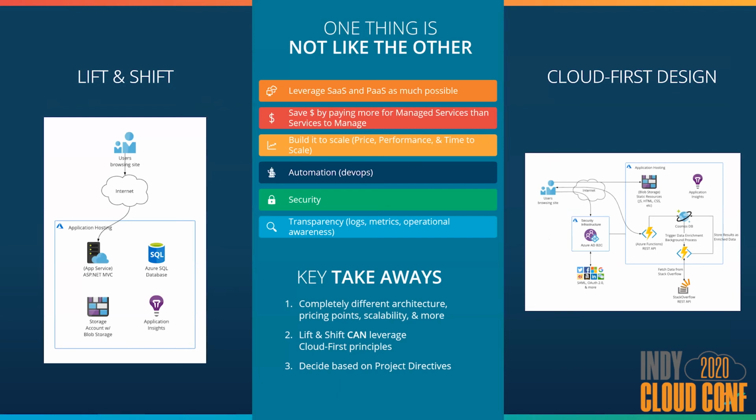Now, one thing I want to say is that one of these things does not look like the other. On the lift and shift, what we have up in the cloud looked almost exactly like what we had in a data center. For the cloud first design, what we have up in the cloud is totally different.